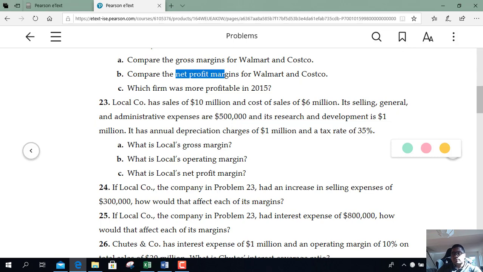Okay, so what is gross profit? Gross margin was gross profit divided by sales. So what is gross profit for Local company? Gross profit is always sales minus direct cost. So 10 minus 6 million, that is 4 million, will be gross profit divided by 10.